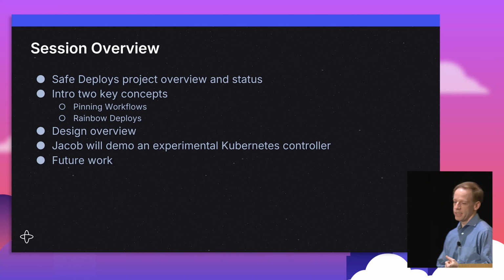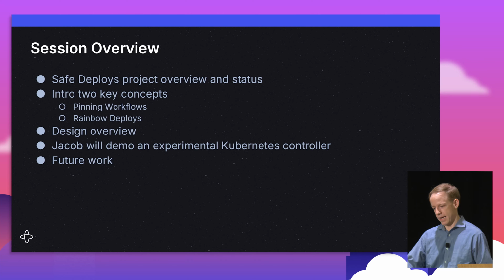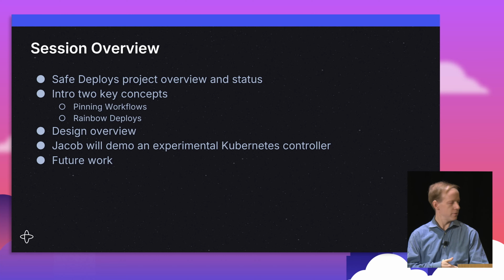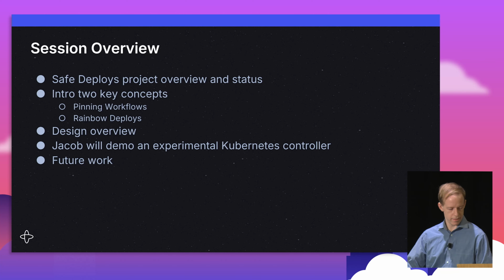I'm going to introduce two concepts to you that you will need to understand to get the rest of the talk. And then I'll start talking about the design that we have in progress and some of the stuff that we've built. And then we'll switch to Jacob to do a demo, and then I'll follow up with stuff that we are not yet ready to demo. We're going to have a few minutes at the end for Q&A, so be ready with questions.